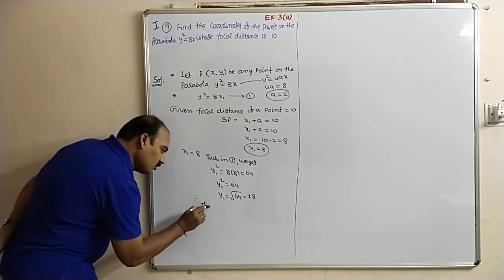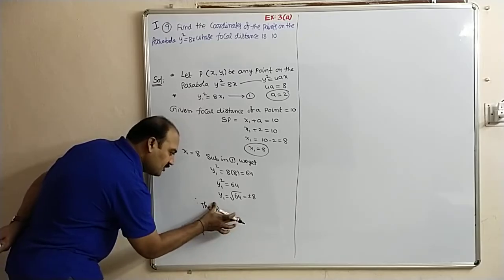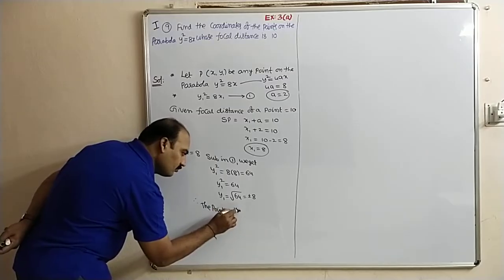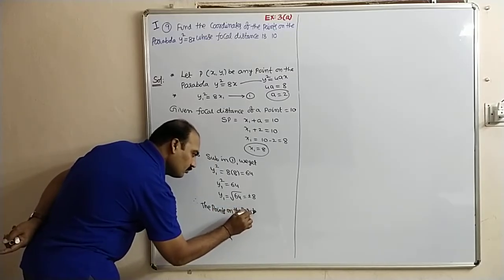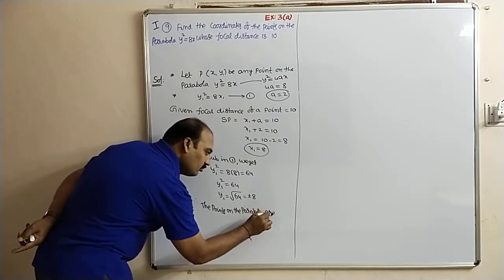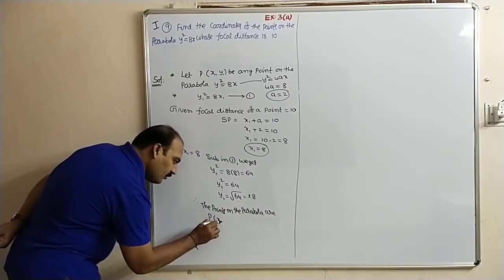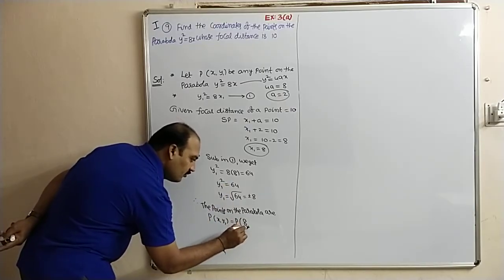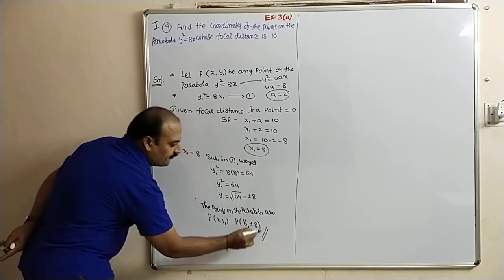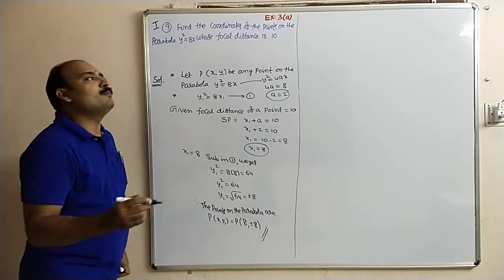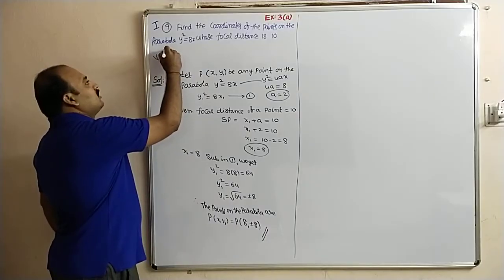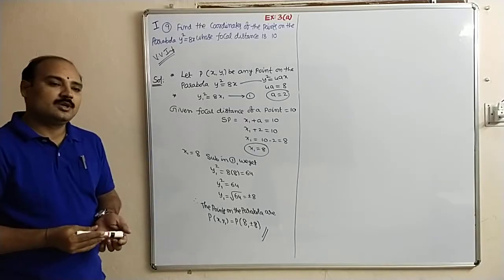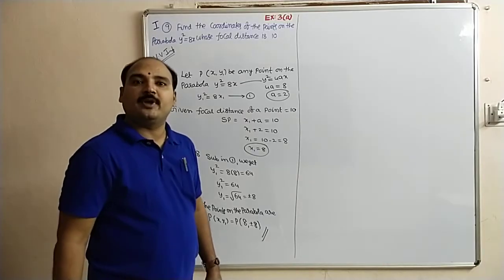Therefore, the points on the parabola are P of (x1, y1), where x1 value is 8 and y1 value is plus or minus 8. The way we have to do this is also very important for 2 marks. You remember that. We may expect this type of questions in the public examination in March 2021. Prepare thoroughly.